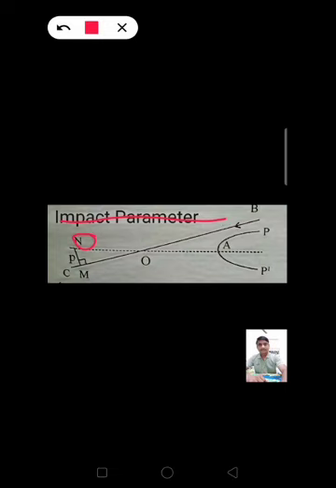The path BC represents the direction of motion of the alpha particle in the absence of the nucleus.